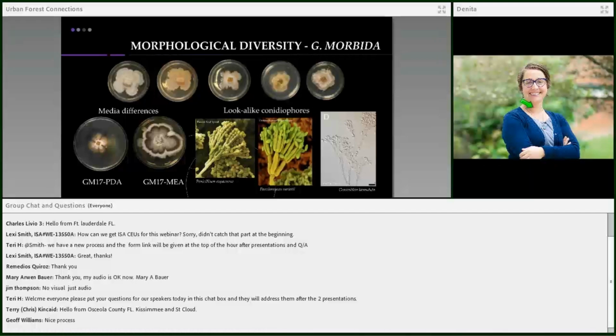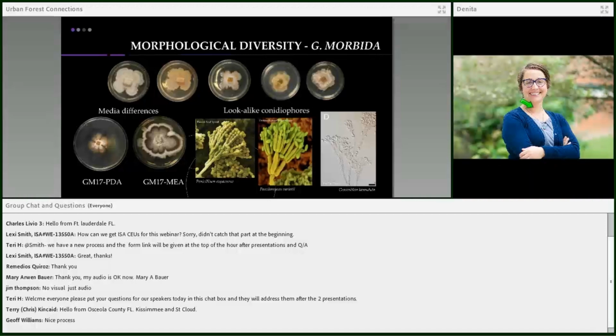Another part of the problem is that we have extremely big morphological plasticity. This is all the same pathogen, confirmed using both morphological and sequence data, but it looks quite different in culture. If you're not trained and haven't worked with these cultures for a long time, it can be confusing.